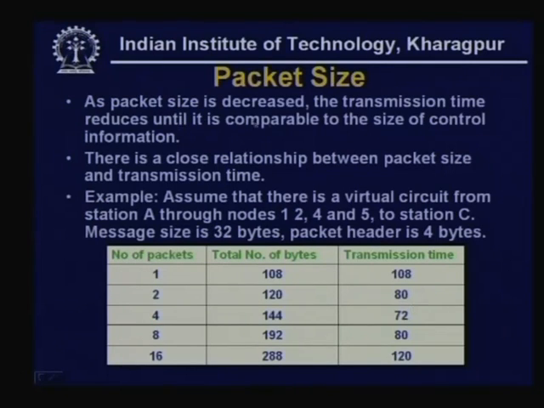As packet size is decreased, the transmission time reduces until it is comparable to the size of the control information. So, there is a close relationship between packet size and the transmission time. If the size of the packet is large, transmission time will be longer. If the size of the packet is small, transmission time is smaller.